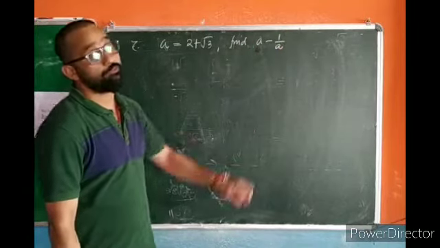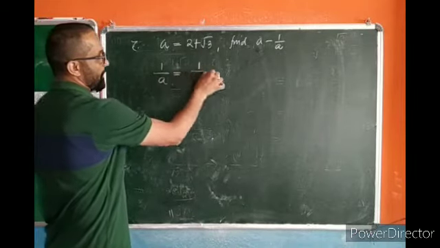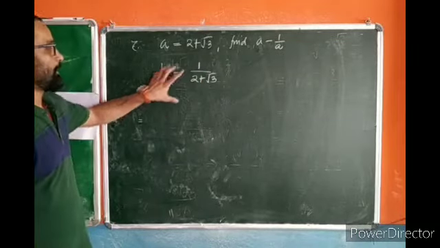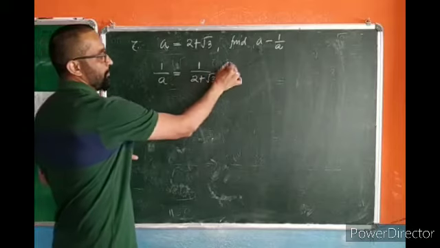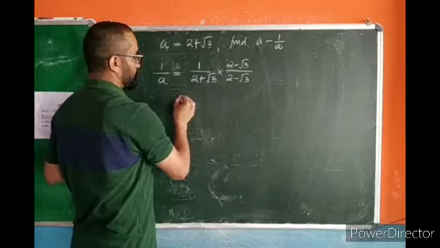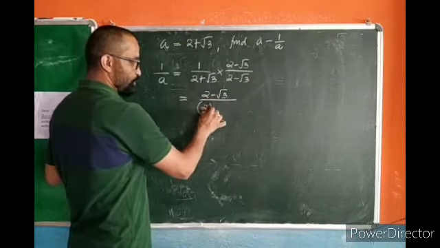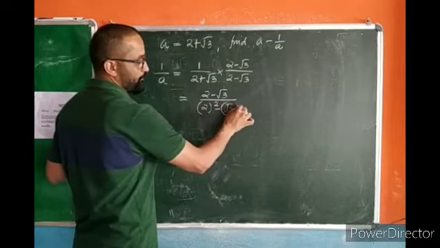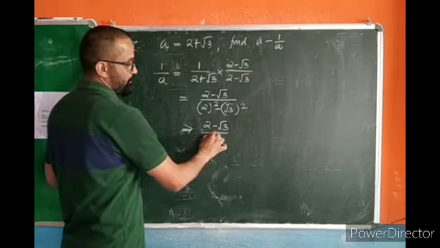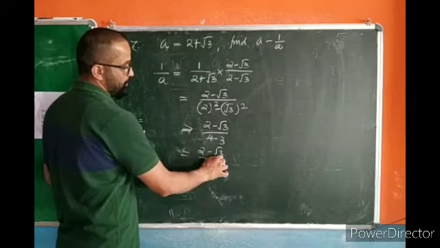Now we calculate 1 by A. 1 by A equals 1 divided by 2 plus root 3. Substitute A. Rationalize it with 2 minus root 3. You get 2 minus root 3 divided by 2 whole square minus root 3 whole square, which can be written as 2 minus root 3 divided by 4 minus 3, which is 2 minus root 3 divided by 1.